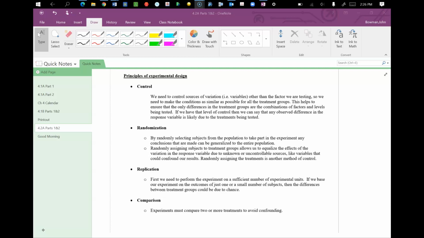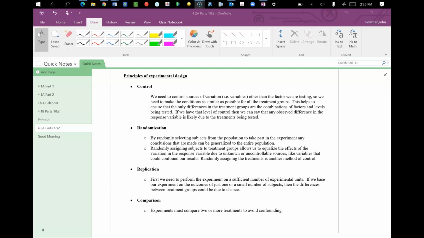But there are other things that random assignment can't balance out the effect of. For example, what if I taught one class in an environment that was not conducive to learning? It was hot, the lighting was poor, it was noisy. And I taught the other class in an environment that was conducive to learning.